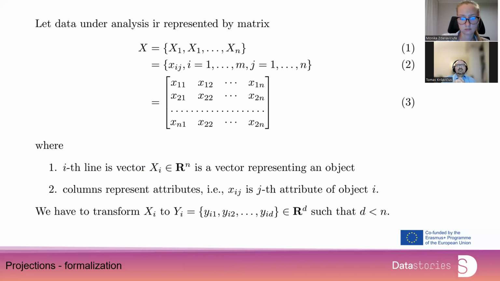So instead of having an object defined by n features, we have to transform this object to object y in this case, which has d dimensions, and d is a lot smaller than n. Depending on the method, these features can be different types of combinations of the real features we had before.